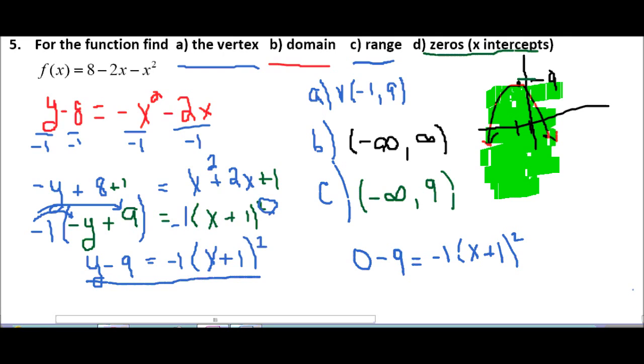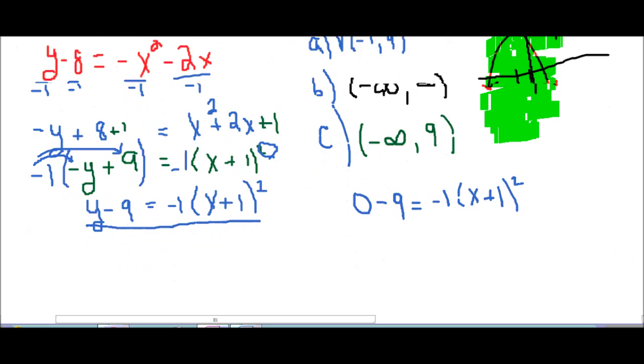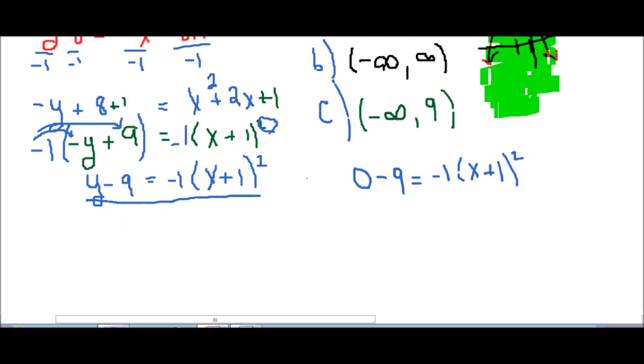I'm going to scoot down here just a little bit. So what I have here is 0 equals -1 times (x plus 1) squared plus 9. Moving the 9 over, I get -9 equals -1 times (x plus 1) squared. Dividing both sides by -1, I get 9 equals (x plus 1) squared.